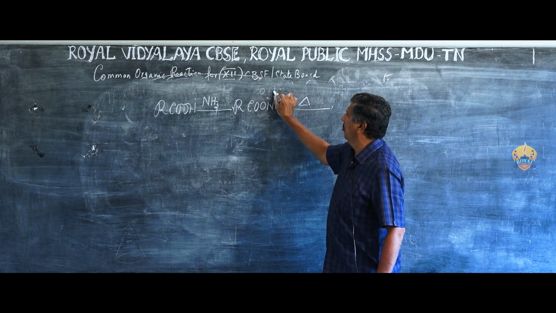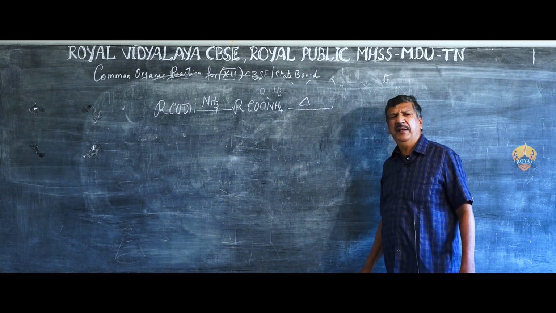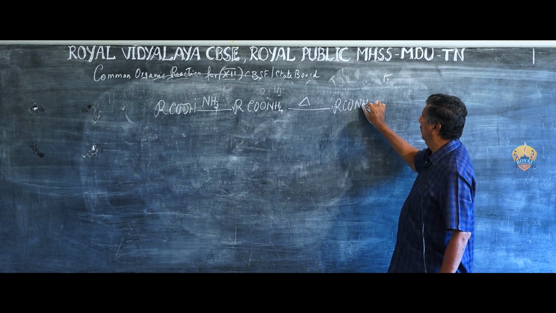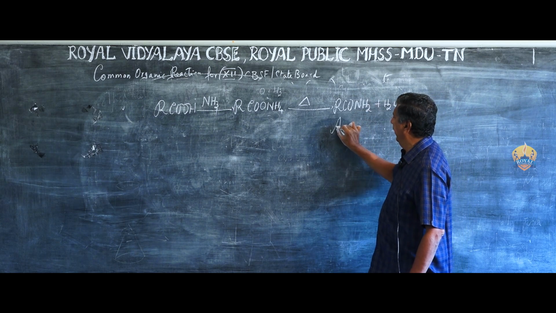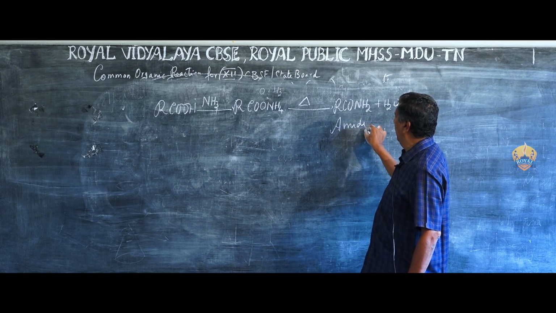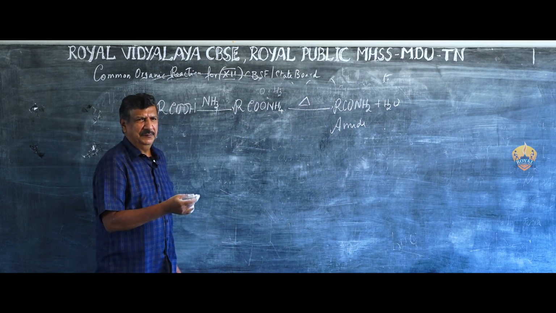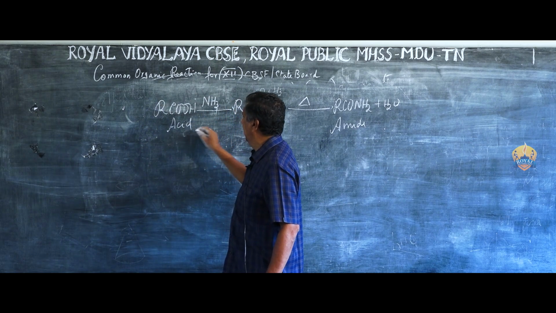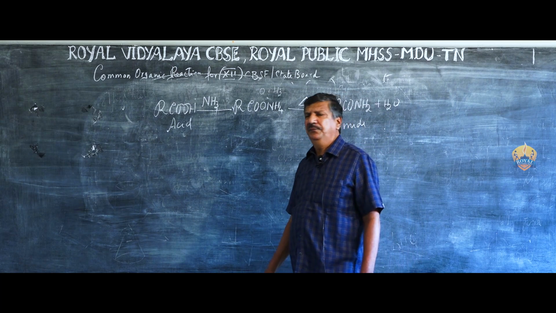You remove the water, like this O and this H2. What will be the remaining? That's all. So what is the product? Amide. So what have I done here? I have converted acid into an amide. That's all. Okay. Next one.